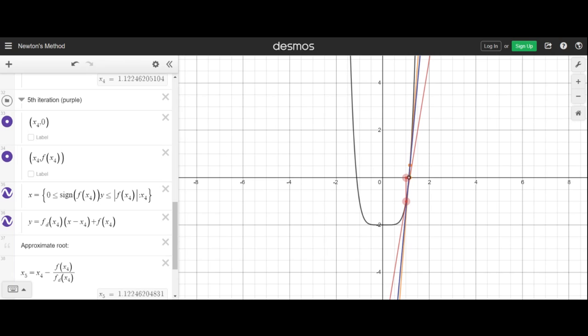Obviously it'll be a point on the curve, but the x coordinate will be that new x value, and then you just keep successively doing it. Okay, does that make sense?